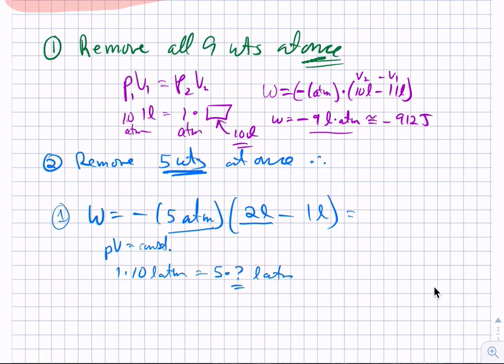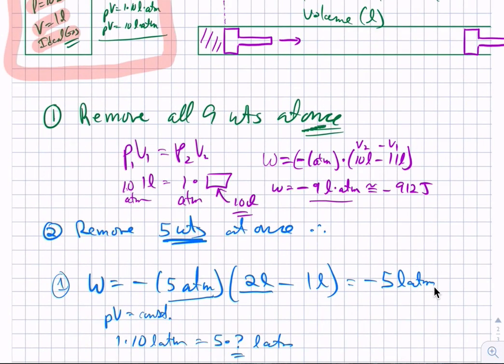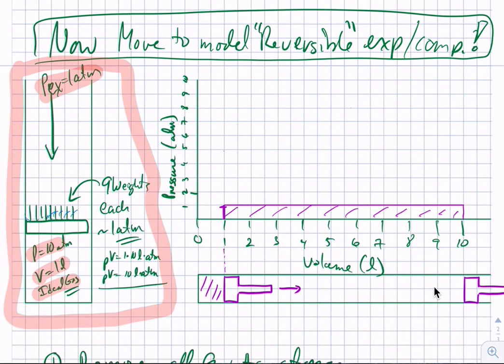And that's going to give us, for step 1, a negative 5 liter atmospheres of work. So let's draw that on the figure up here, and I'll just use the blue. So now we're going to have our initial pressure be 5 atmospheres, and we're going to go over to 2 and back down.